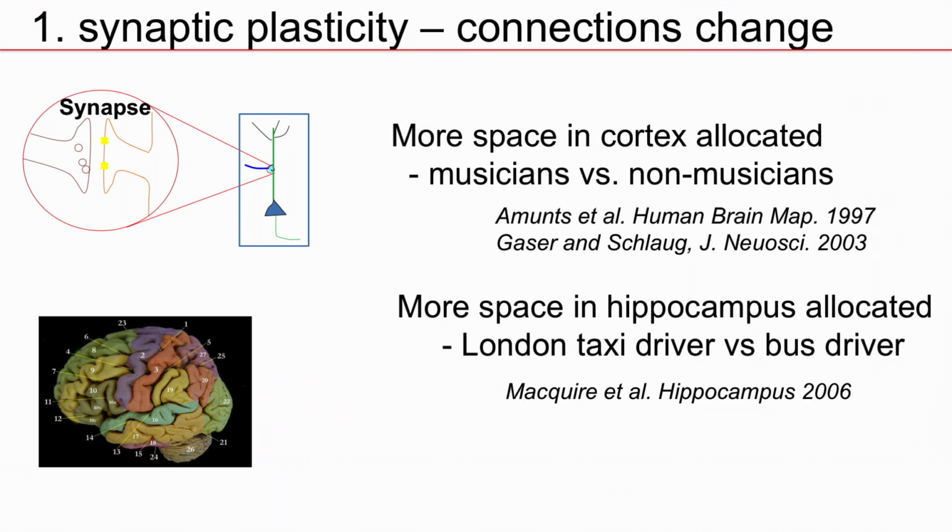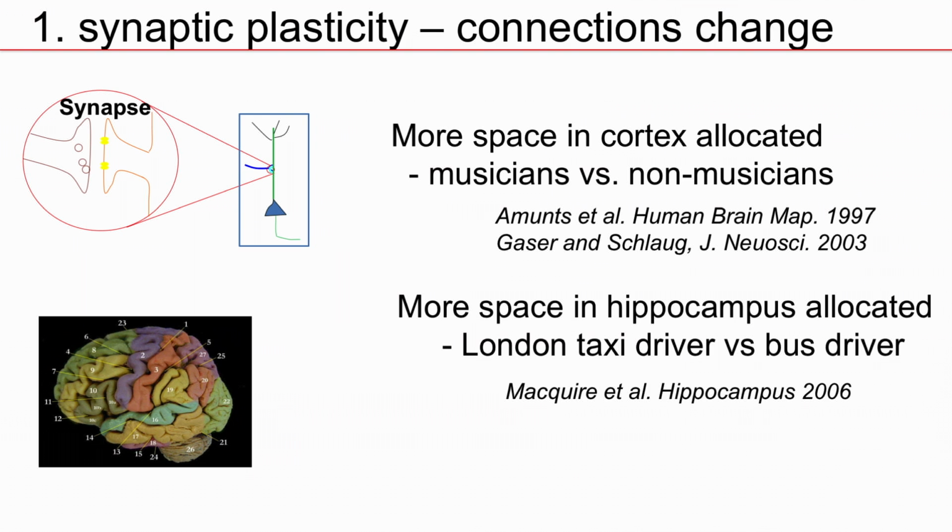What's the result of this? Well, globally, if you look at the brain, there might be more space for some people allocated to motor tasks. Motor sensitive areas are in this region here, and musicians who use their fingers a lot will have more space allocated to this than non-musicians.